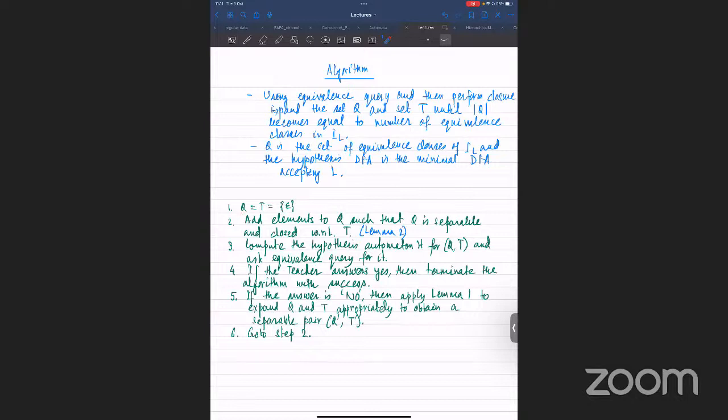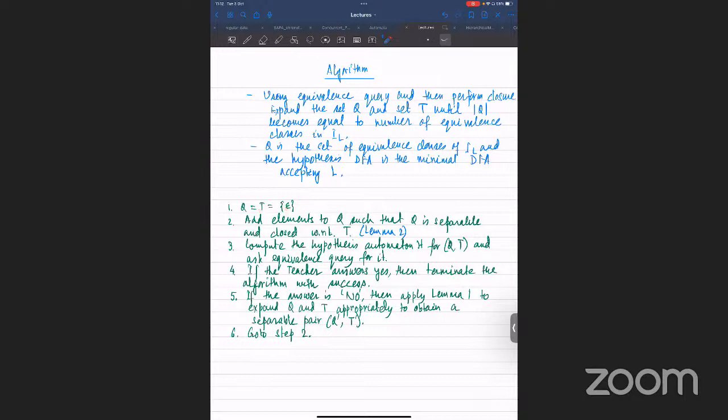Initially your Q is the string epsilon. It's not the empty set. It has the empty string. T also has this. Now you add elements to Q such that Q is separable and closed. Initially this is separable with respect to T because you just have epsilon.